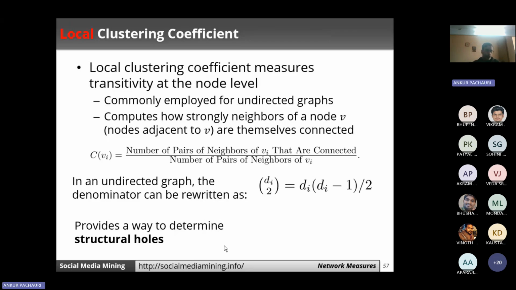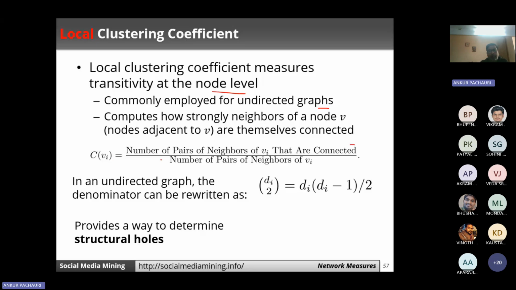That was the global clustering coefficient, and in the slide we have not focused more on the local clustering coefficient. The local clustering coefficient measures the transitivity at the node level. It is commonly employed for undirected graphs and computes how strongly the neighbors of a node V are themselves connected.